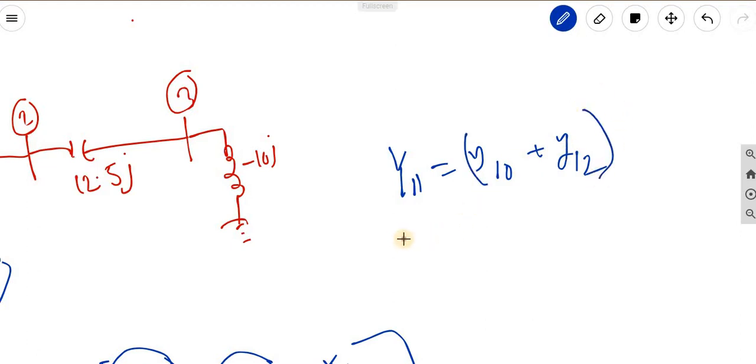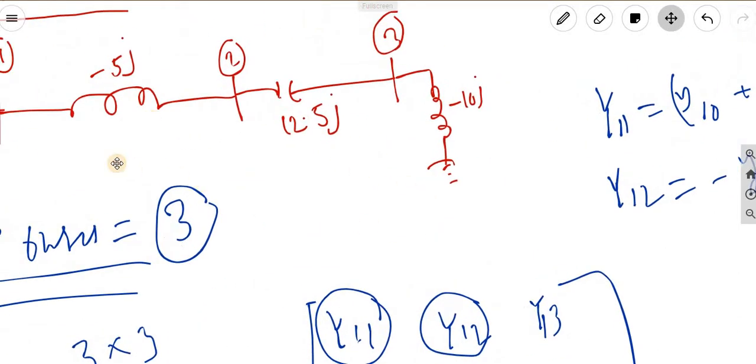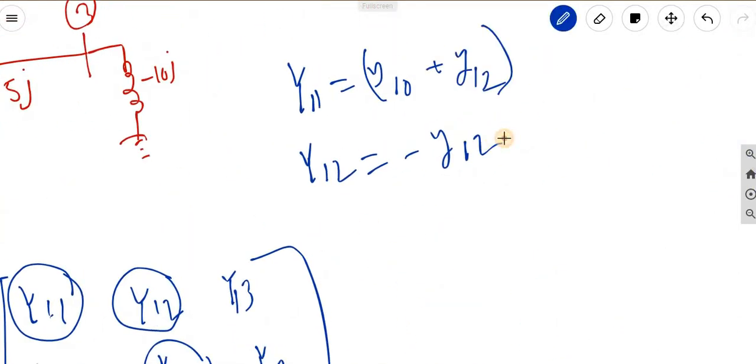Okay, and Y12, what would be the Y12? Minus Y12, and it is also equivalent to Y21.